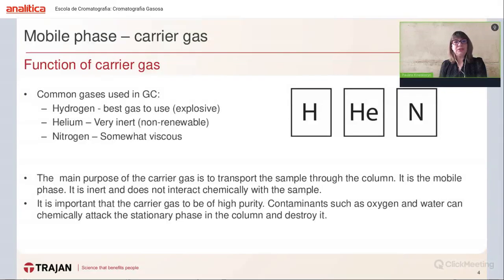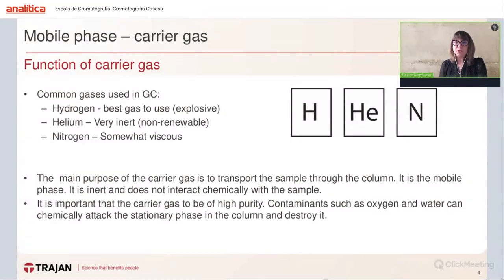The common gases used in the GC are hydrogen. At the moment, this is the best gas to use on the market. However, it is explosive. Helium used to be the most popular, the most used gas in the GC, but due to its non-renewable nature and increasing costs, we are looking to replace this gas with alternatives, such as hydrogen and nitrogen.